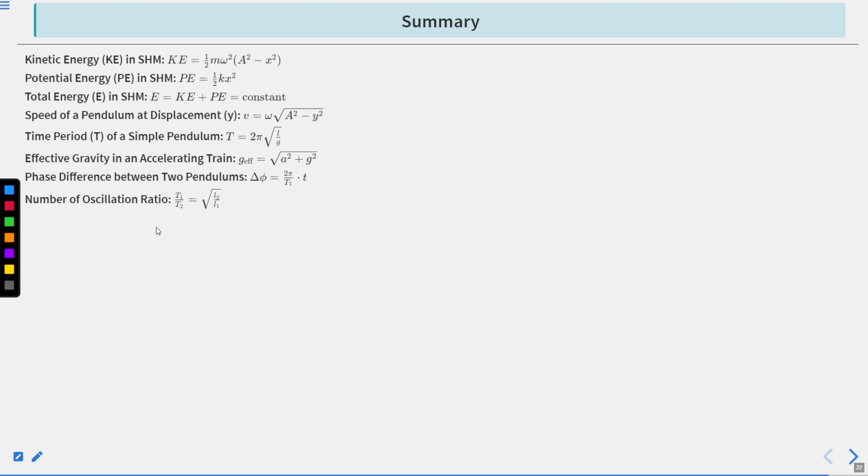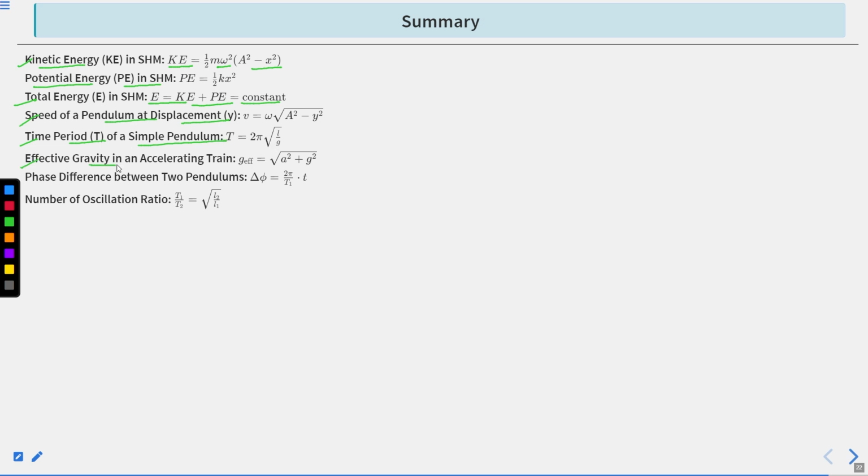Now the summary. The main formulas are: kinetic energy in SHM, KE is equal to half m omega square (A square minus x square). Potential energy PE in SHM is equal to half k x square, and total energy E equal to KE plus PE, which is constant. Time period T of a simple pendulum is T equal to 2 pi under root L by g.